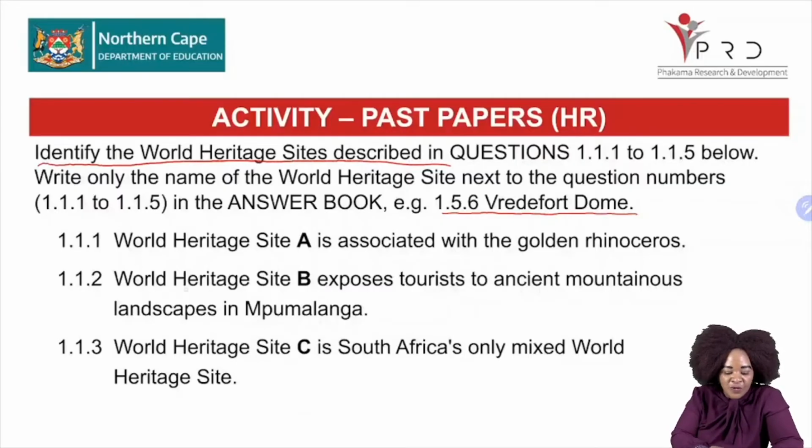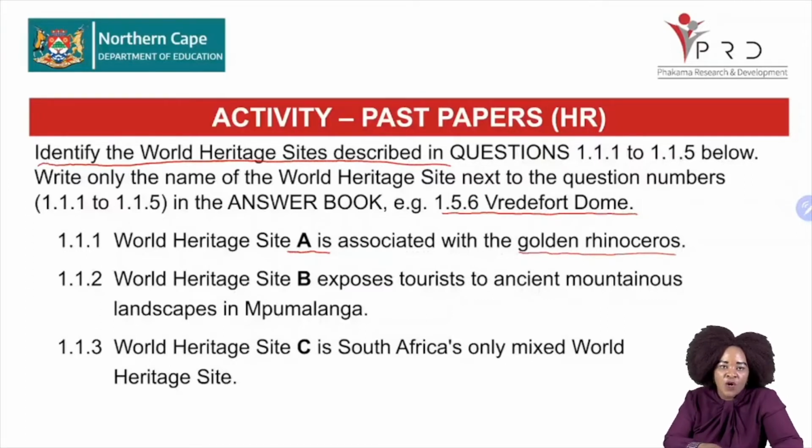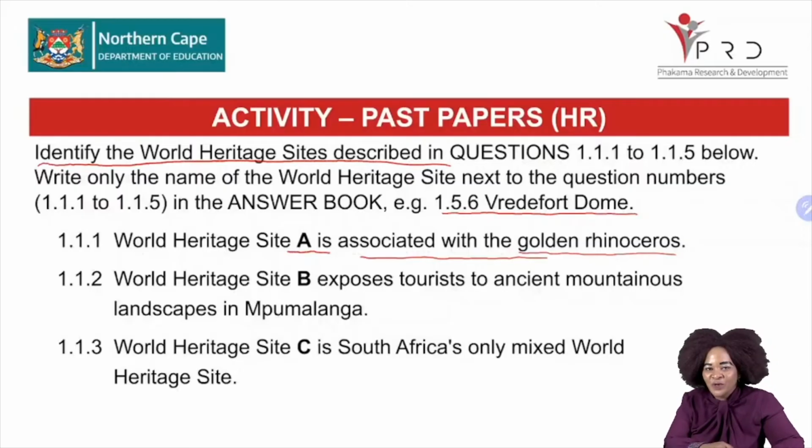So 1.1.1, World Heritage Site A is associated with the golden rhinoceros. So what is the name of that World Heritage Site that is associated with the golden rhino? I want to believe grade 12 learners already you know the answer.